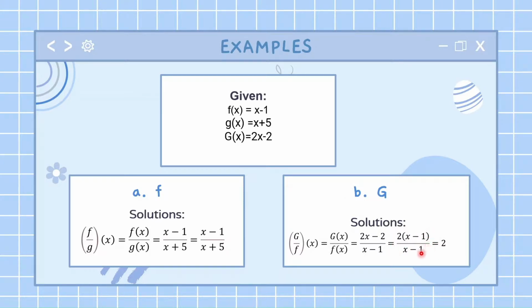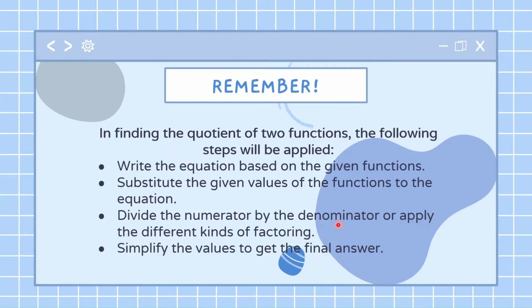Then leave the denominator as it is, since it already is pretty much simplified. What you need to do after here is cancel, because these are like terms. X minus 1 is the same with x minus 1 here. Just cancel that out, which would leave us with the number 2. So the final answer is 2. So 2x minus 2 over x minus 1 would give us the answer of 2. Pretty easy, am I right? As long as you follow the proper steps.